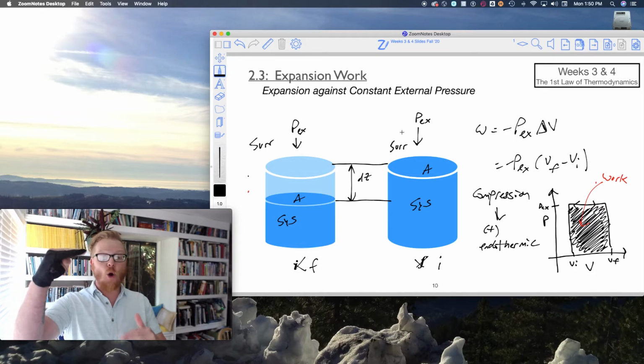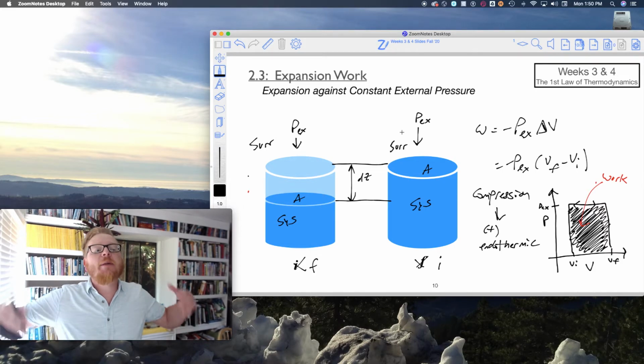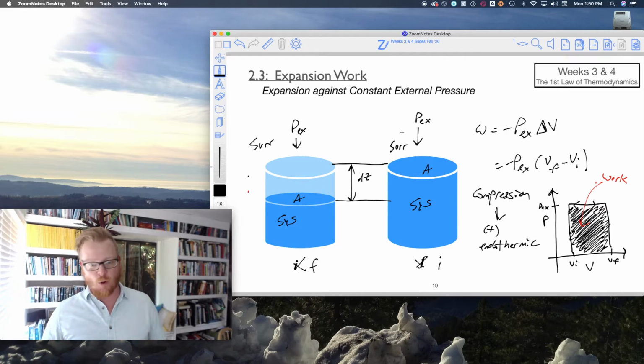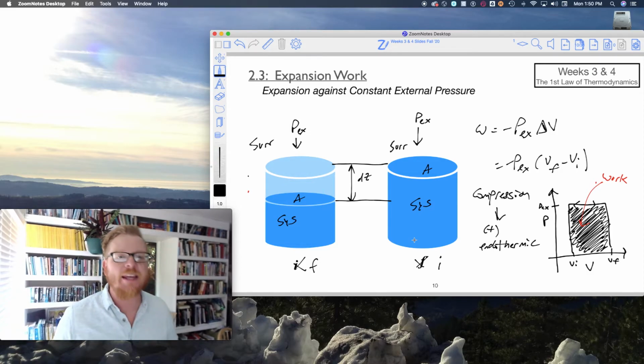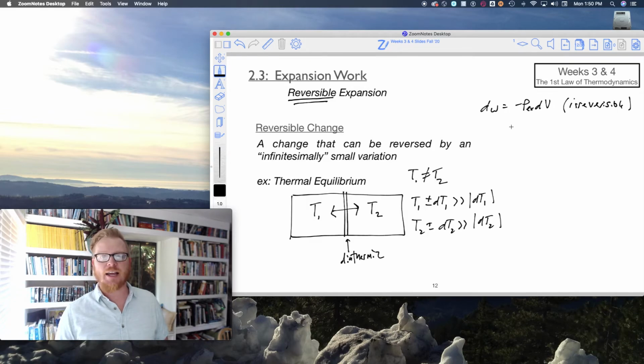So there's no more difference between the pressures, and nothing that allows it to become reversible, unless I do some chemical reaction in here that generates pressure, but that would no longer be expansion against constant external pressure. So expansion against constant external pressure is always irreversible.